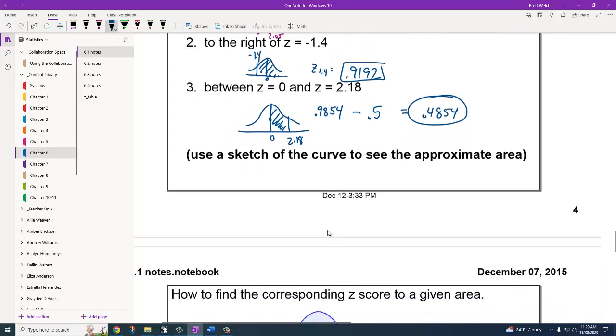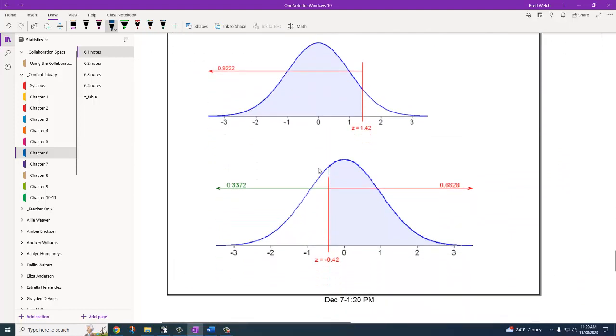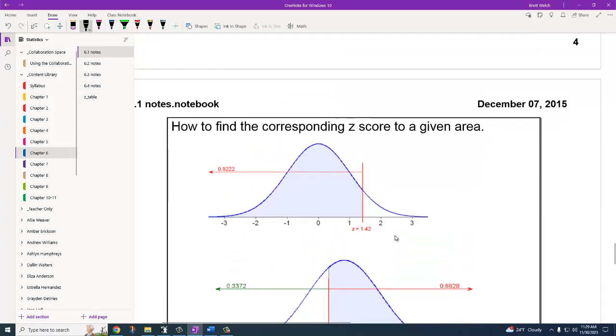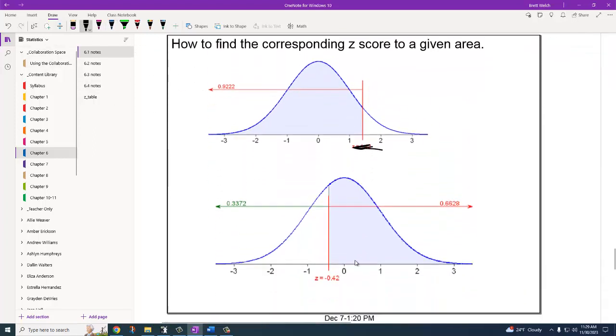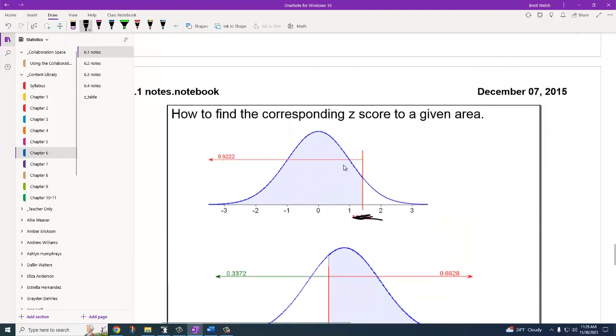Okay. All right. Sometimes, though, we're asked to find a z-value for a certain percentage. So, for instance, ignore those. Pretend those aren't there for the moment. If I was asked to find what z-score produces a 92.22%, that's I'm in the 92nd percentile, however you want to describe that, I've got 92.22% below me. If that's what I'm looking for, then I'm going to scan the chart for that value.